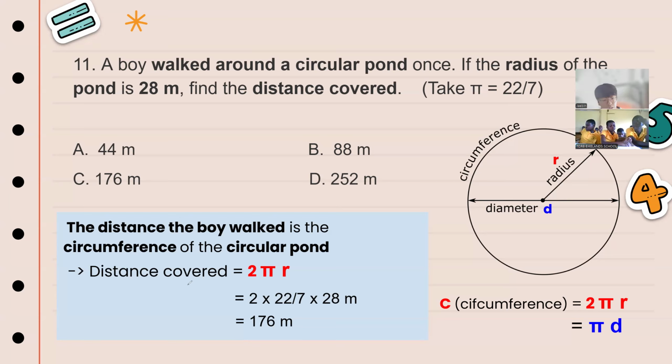Are you good with this? Yeah. Okay. Circumference is the length of a circle all the way around, and the formula for that is 2 pi r. Something that you need to just memorize. Usually in the question, pi is given to be 22/7. And r here is the radius.